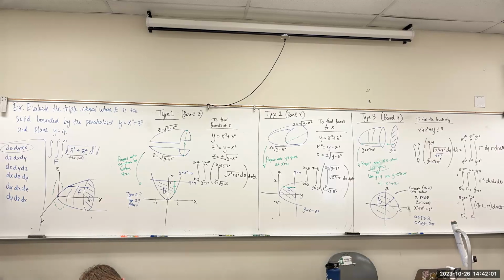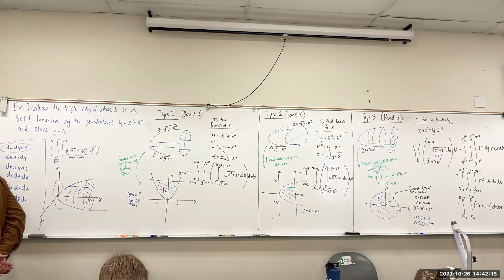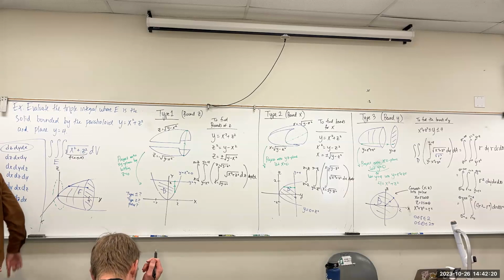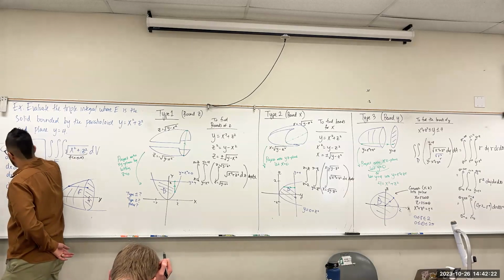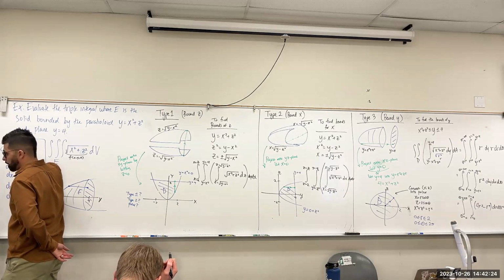So this one, yeah, it goes like this. Now that you have the region, that's the x-axis, this is the y-axis. They already did this one. You're gonna do this one. You're gonna bound x first.